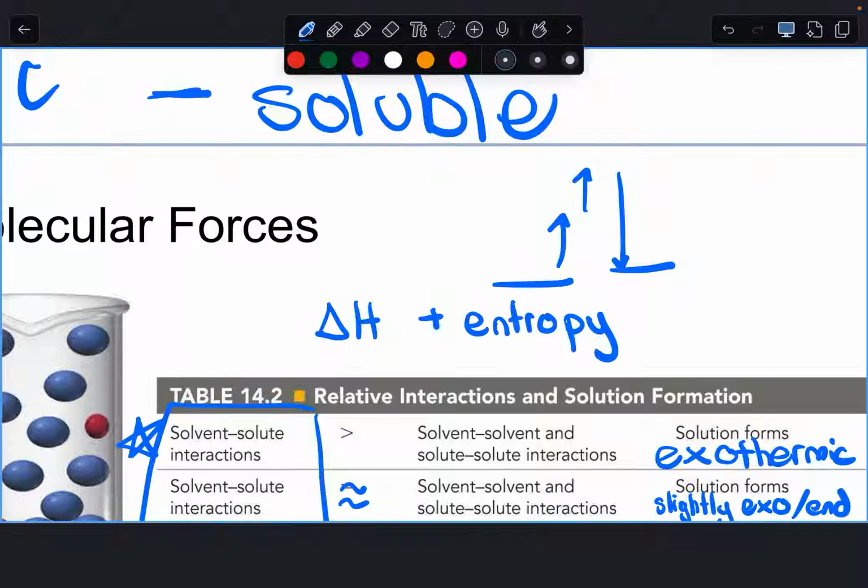And in the case of dissolving something, entropy is always favorable. So always favorable for forming solutions.